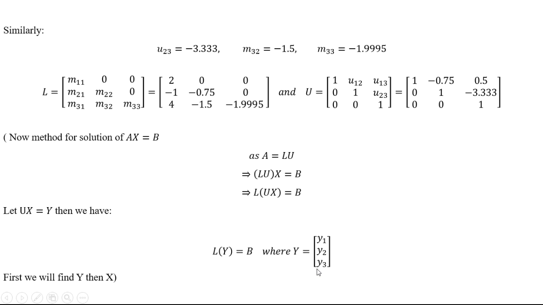After writing this, we will find the values of Y1, Y2 and Y3. After that, we will put these values in the equation UX equal to Y, and we will get the values of X.